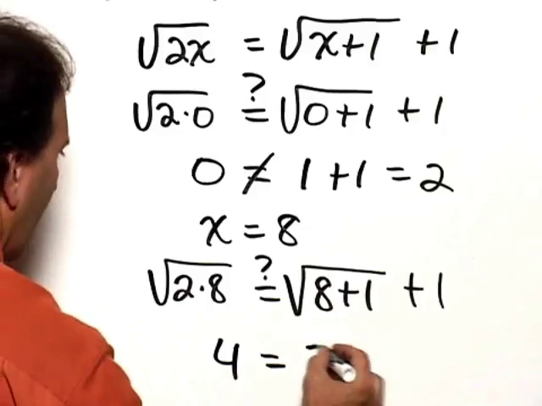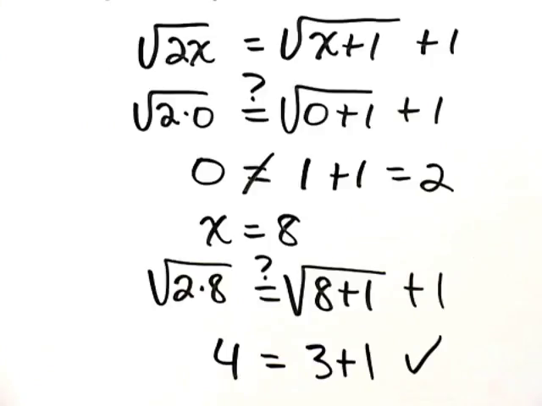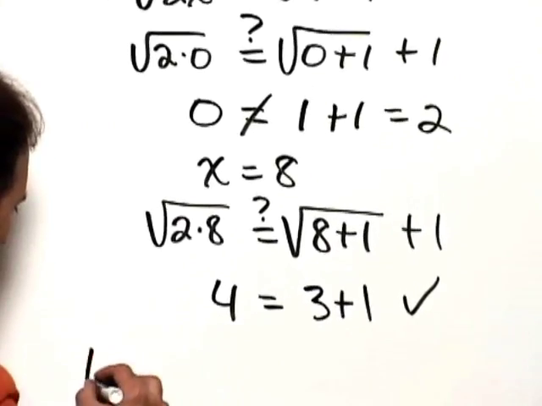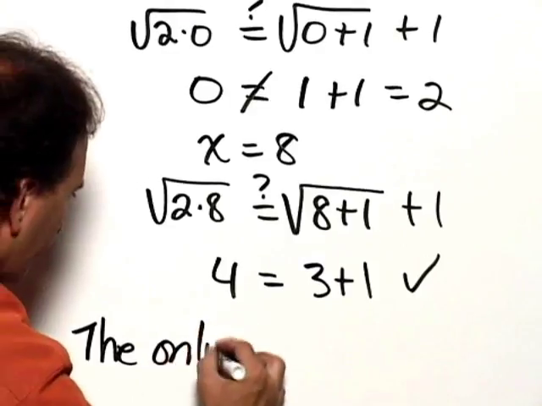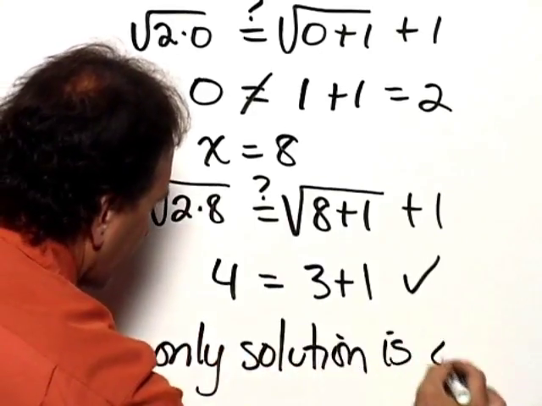The square root of 9 is 3. And of course, 4 does equal 3 plus 1. Therefore, the answer x equals 8 checks. Now, since 0 did not check, the only solution is 8.